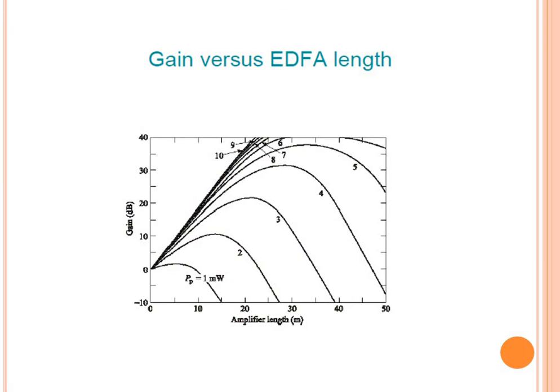This figure illustrates the onset of gain saturation for various doped fiber lengths as the pumping power increases.